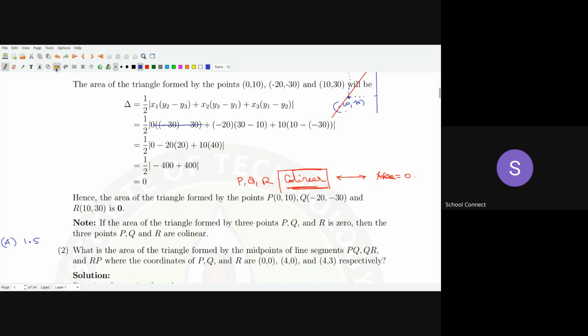See, these are the 3 points. If I draw the diagram, that will be much easier. I'm not drawing it to scale. You have 0 comma 0, the other point 4 comma 0, and 4 comma 3.